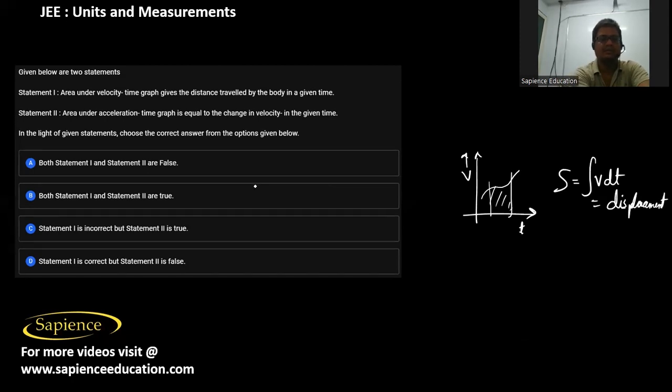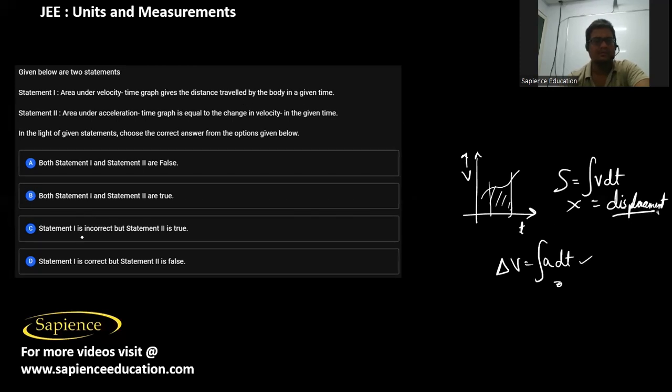Area under acceleration time graph is equal to the change in velocity in the given time. Since as we know that delta v equals integral a dt, so it is the area under the acceleration time graph. So statement 2 is correct. Statement 2 is true. Statement 1 is incorrect since it is not equal to the distance traveled, it is the displacement.